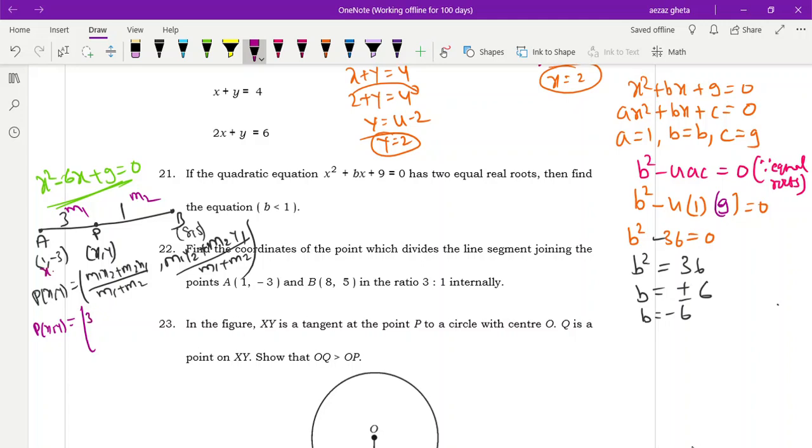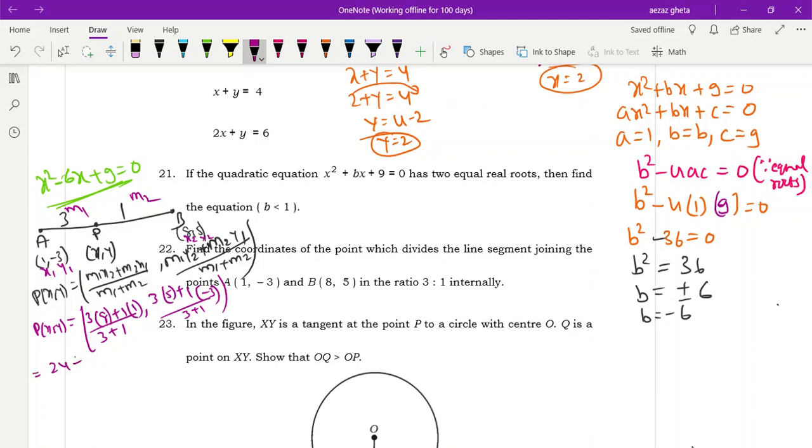This is x1, y1, 8 is x2, 5 is y2. m1 x2 is nothing but 3 into 8 plus m2 is 1 into 1, divided by 3 plus 1, comma 3 into y2, which is 5, plus 1 into minus 3, divided by 3 plus 1.